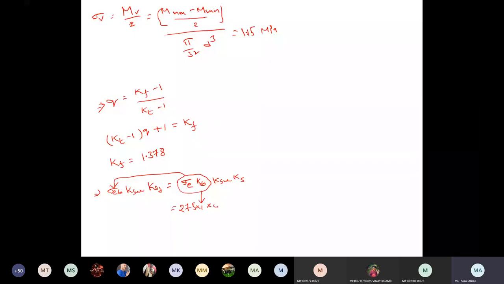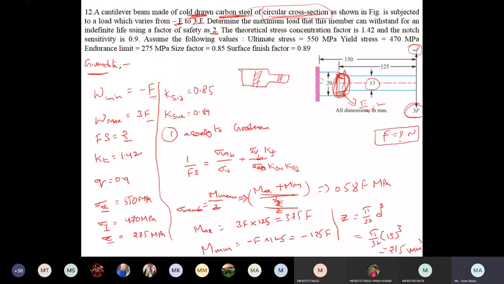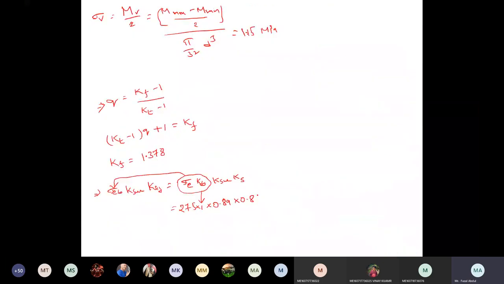So 275 into 1 into 0.89 into 0.85. This is the surface factor and this is the size factor. Now how much did you get? 208.03, sir. 208.03 megapascal. Okay, very good.